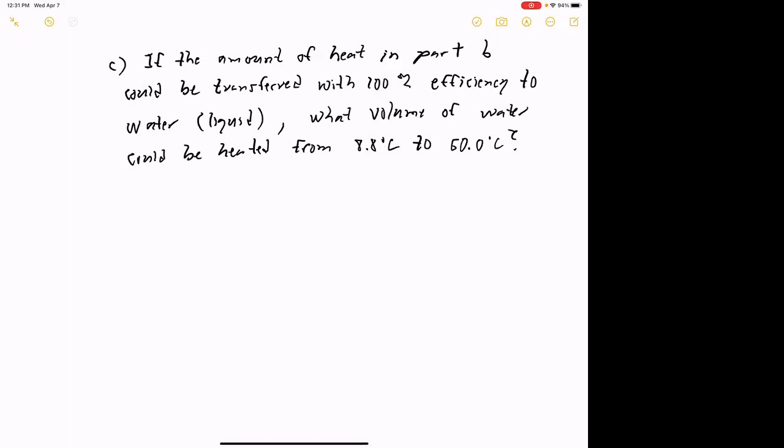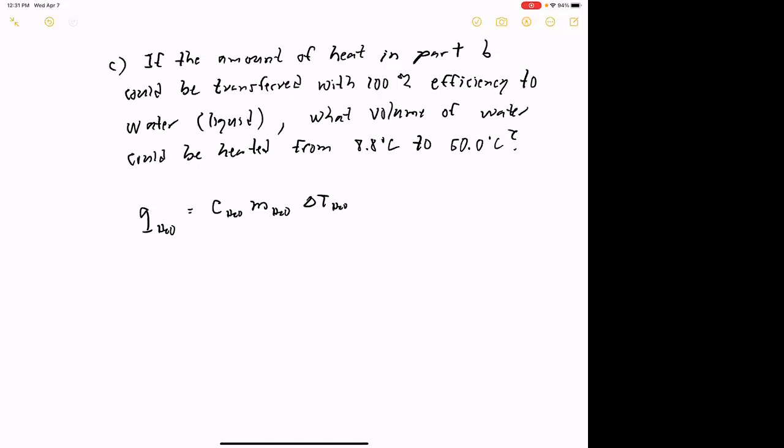So we got an equation for that, don't we? Go back and remember, since we're talking about water, I can use Q of H2O is equal to C, that's the specific heat of water, times the mass of the water, times the delta T, or difference in temperature that the water experienced.